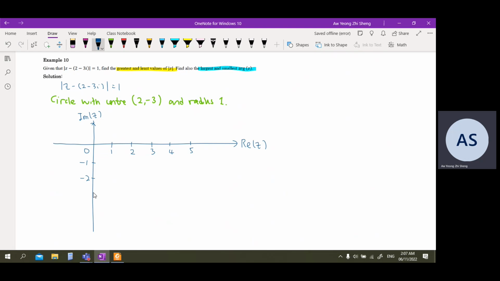They draw to scale. 2 minus 3. Radius 1, so I need 1 unit to the right of it, 1 unit above, 1 unit on the left, and 1 unit below.